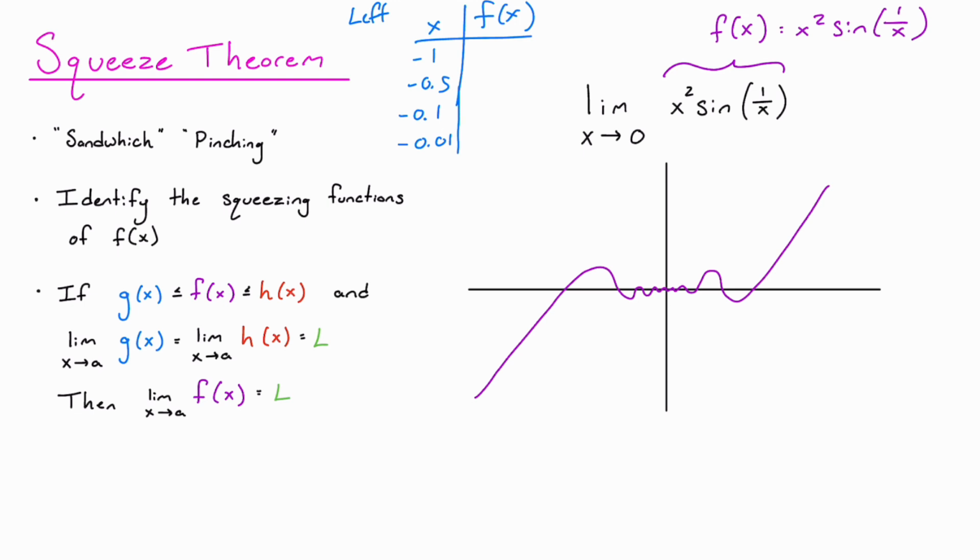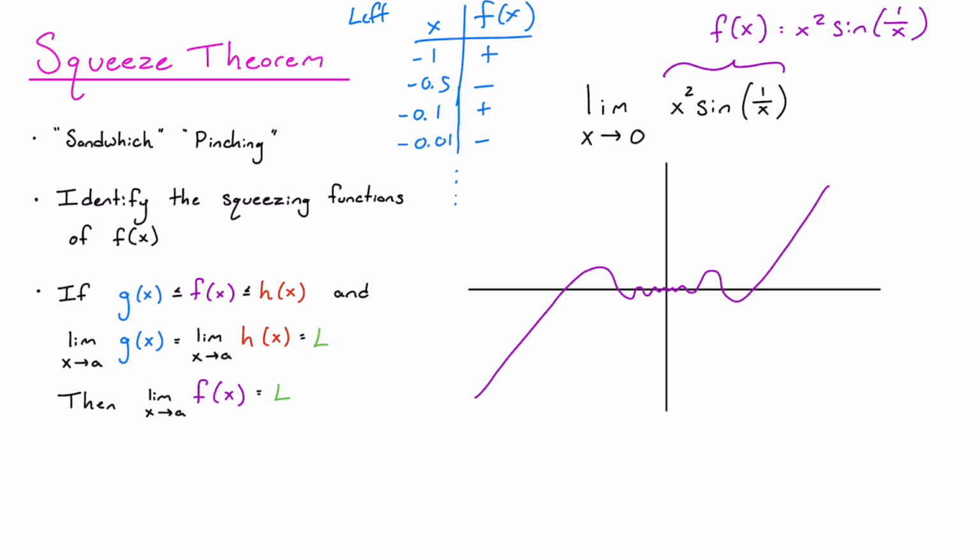If you were to choose some values for this, your f of x would end up looking something like a positive number, then a negative number, then a positive number, then a negative number. And you would continue down this line, always switching between positive and negative, and you would never actually reach a value that you approach. So you can't use your table method for the left and right-handed limits.